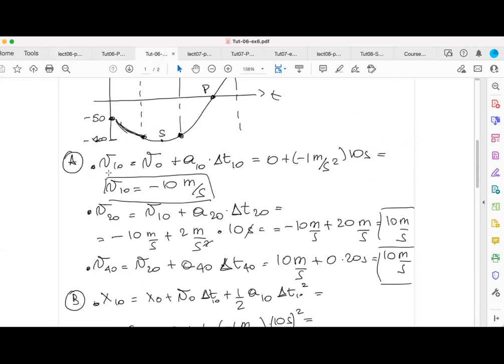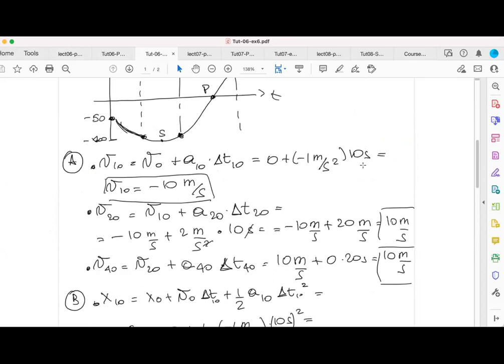So if we go back here, v at 10 is equal to v naught plus the acceleration during that period of time multiplied by delta t. So v naught is equal to 0 plus what? Here we have a negative acceleration, minus 1 meter per second square, multiplied by 10 seconds.